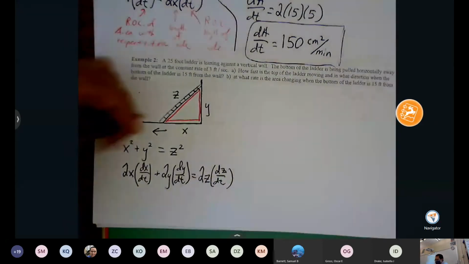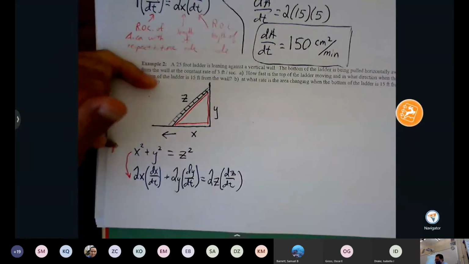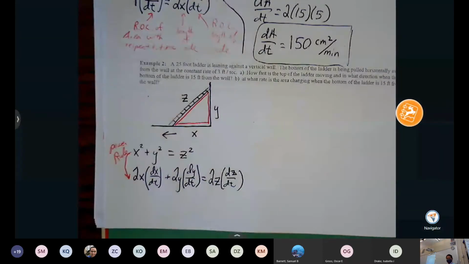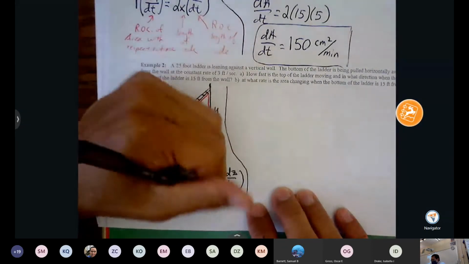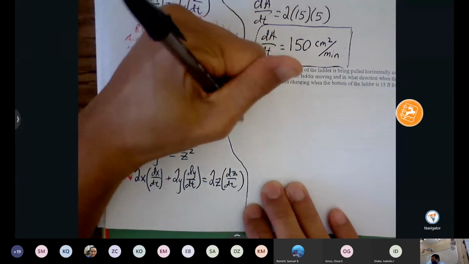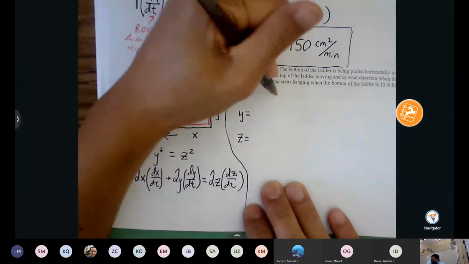Right, we're just applying the power rule and not forgetting about the time component. So if we look, we have 6 variables now that we have to keep track of, right? So why don't we go ahead and list them out, and then we can go to our problem and see what we can identify.